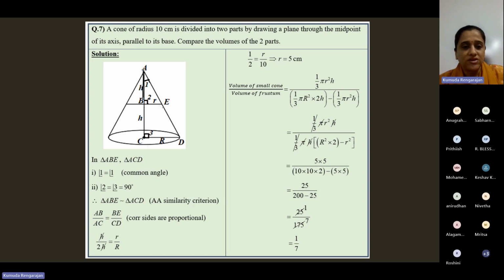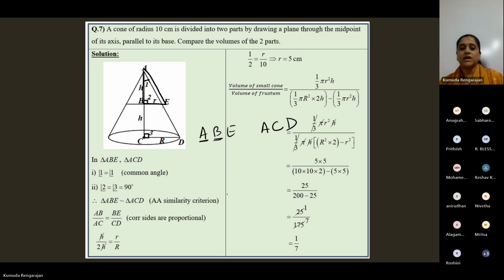If you call the first triangle ABE, match the corresponding parts. Angle A of the small triangle is equal to angle A of the big triangle. Angle B of the small triangle is equal to angle C of the big triangle. And then the third vertex D. This is the correct order. If you write BAE, then you must write CAD. Change it accordingly.